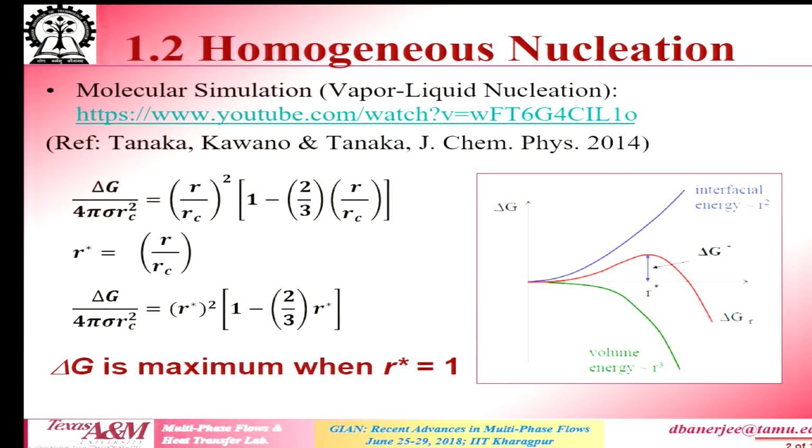So, the concept of homogeneous nucleation is, if I have an infinite mass of water or some liquid, and let us say I heat it up to a particular temperature, spontaneously a vapor bubble forms in that mass of liquid. So, there is no solid surface present.